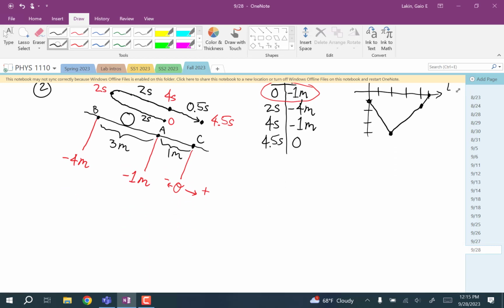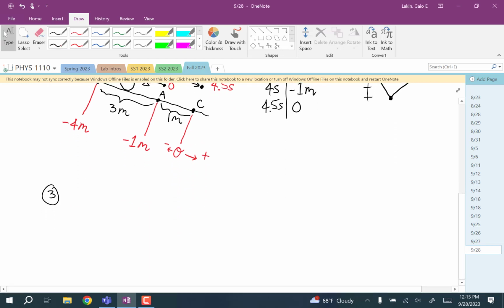And then there is a 1D kinematics problem. So this object is launched straight up into the air, and then comes straight back down.